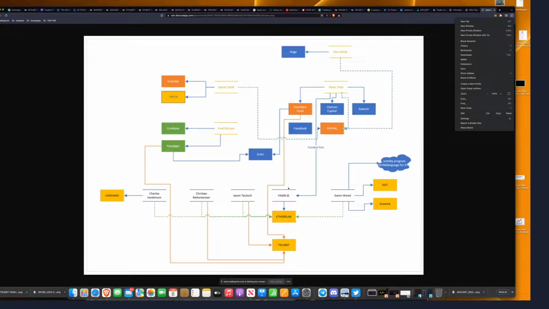Peter Thiel funded Vitalik's Ethereum project. Charles Hoskinson, Jeremy, Jason, Vitalik, and Gavin Wood were all part of the Ethereum project. Charles created Cardano, Vitalik Ethereum. Gavin Wood did DOT and Kusama, as well as the Solidity programming language.